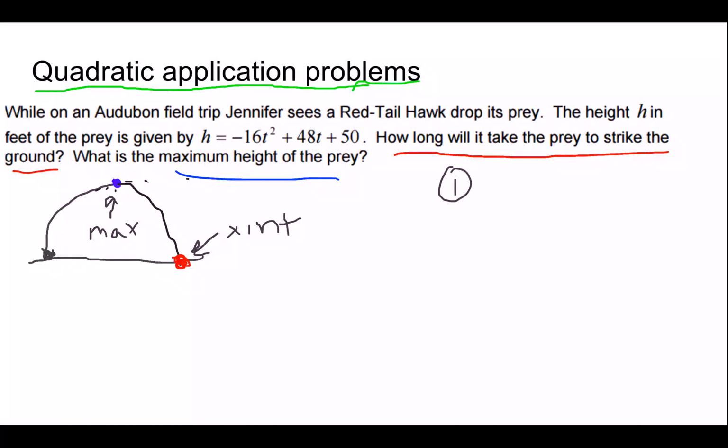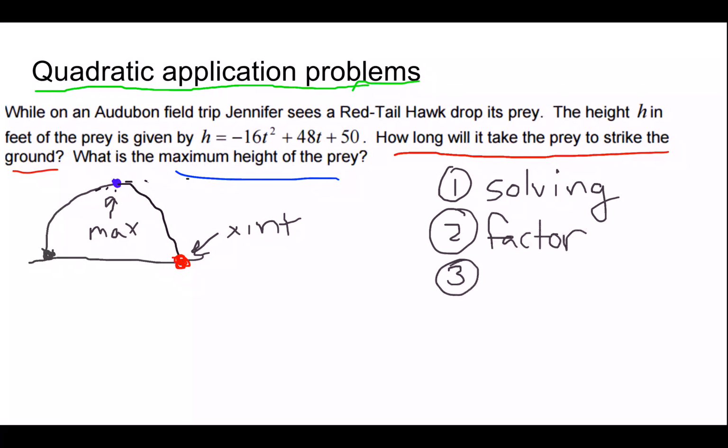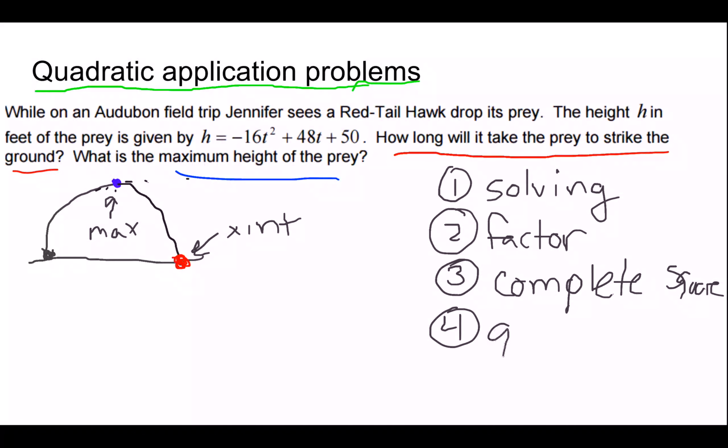Now we learned four major ways to find this. We could use solving, we could do factoring, we could use completing the square, or we could use the quadratic formula. When I look at the equation they gave us, solving is off the table because it has the x squared term. Factoring is off the table because of that right there.